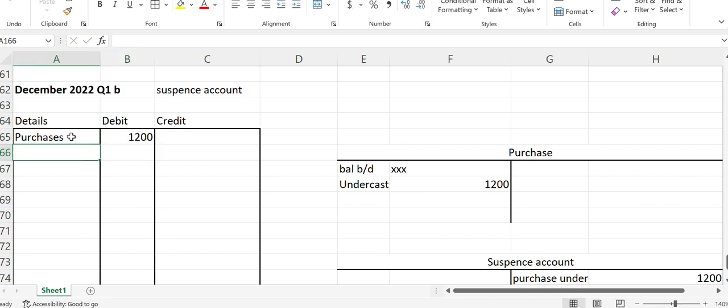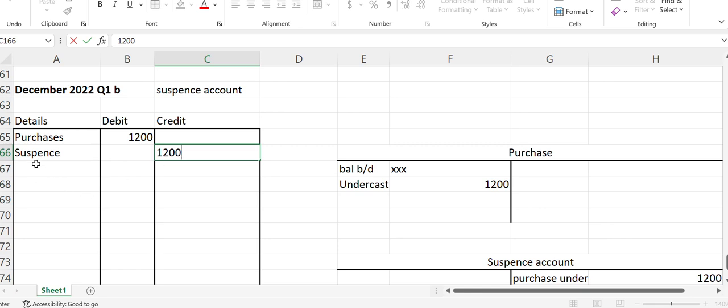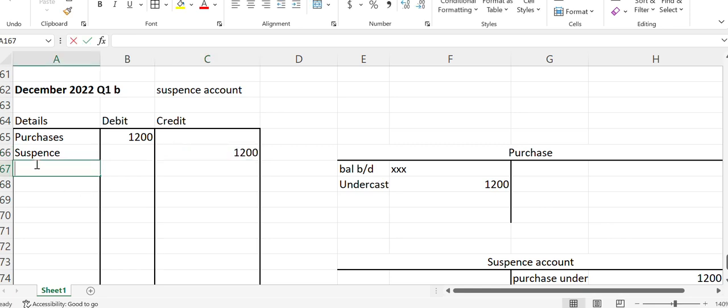Then credited what? Suspense account, with the same amount, 1200, and then you provide a narration. Just say being purchases undercast now corrected. As simple as that.